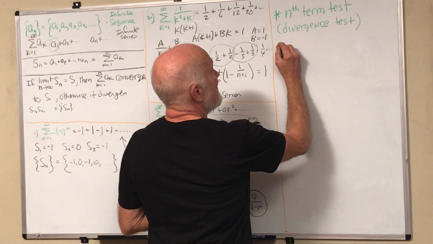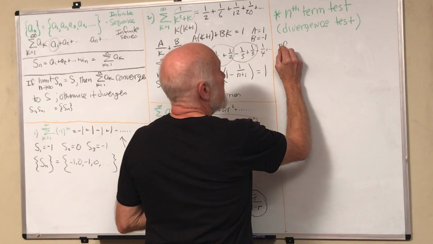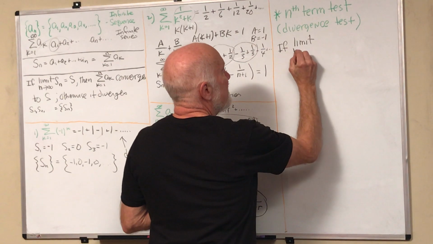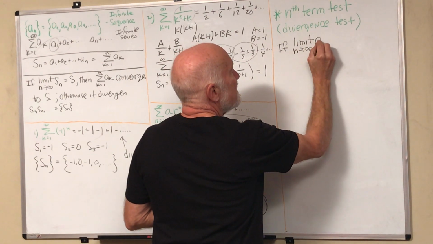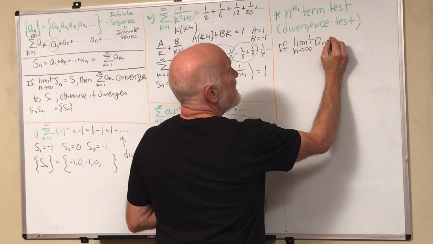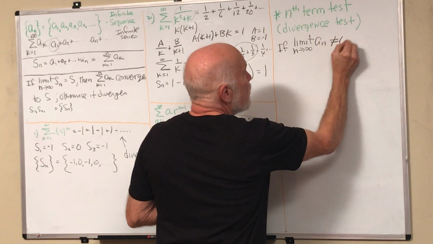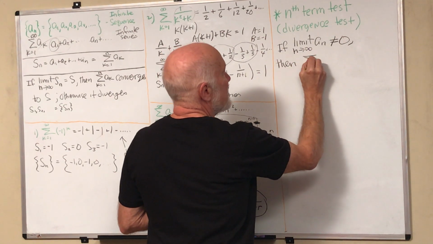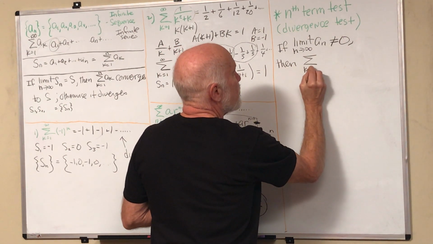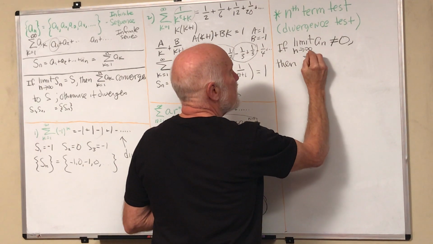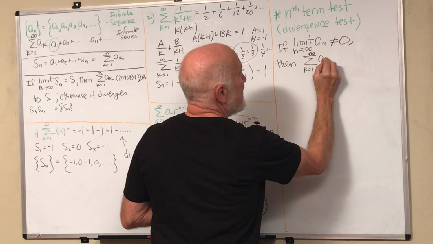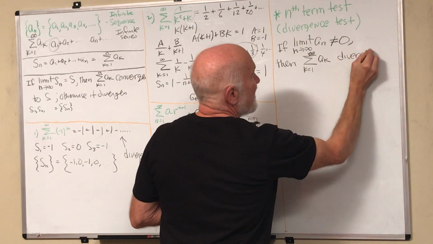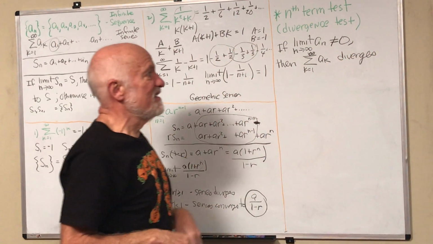And it says basically, if the limit as n approaches infinity of a sub n does not go to 0, then the summation k equals 1 to infinity of a sub k diverges. And that's why they call it the divergence test.